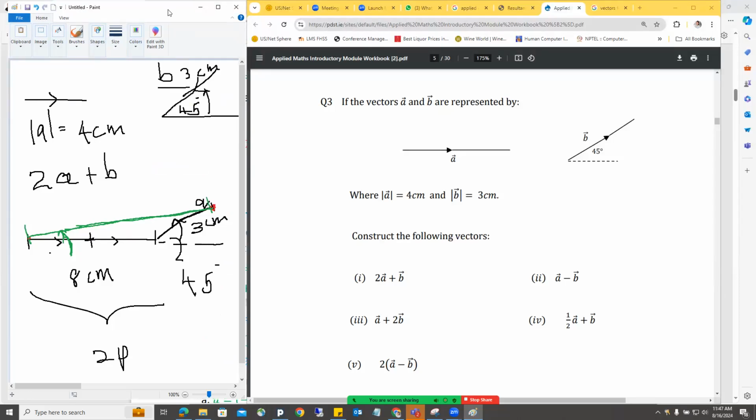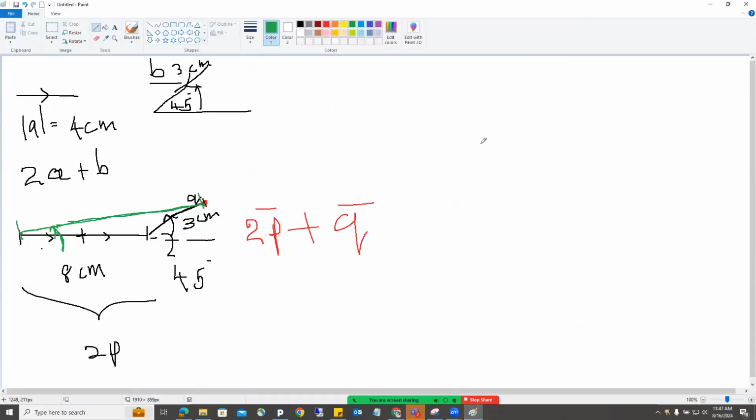So they have mentioned that the vector B this side now with the 45 degrees, minus B means for this side, the other way. But the length is same, but the direction will be this side. Then the angle is, this is 45, this one is 135 degrees.